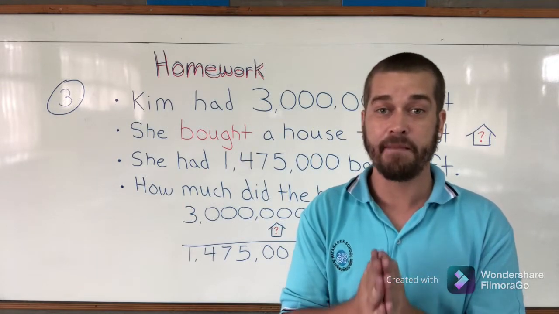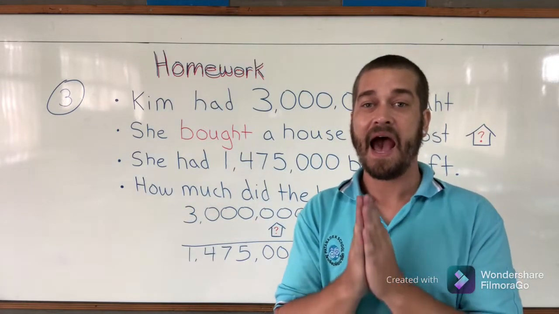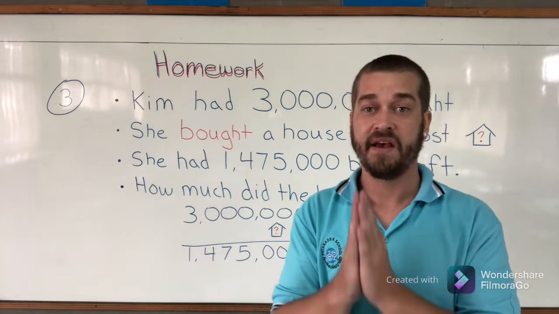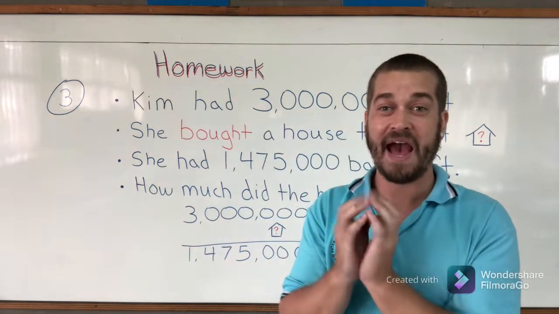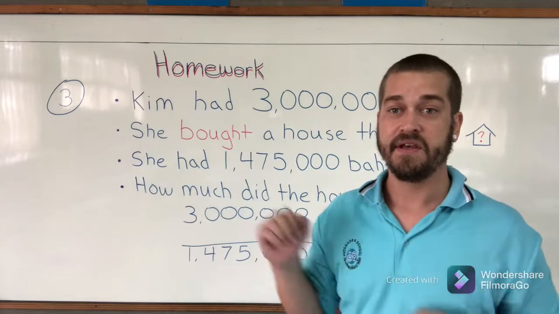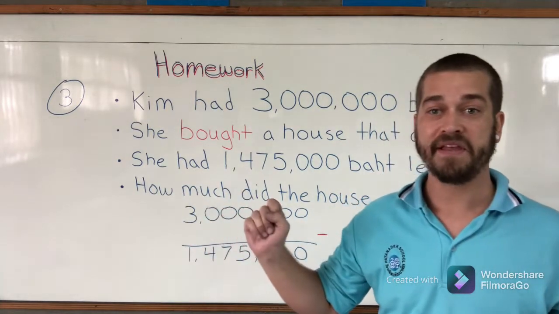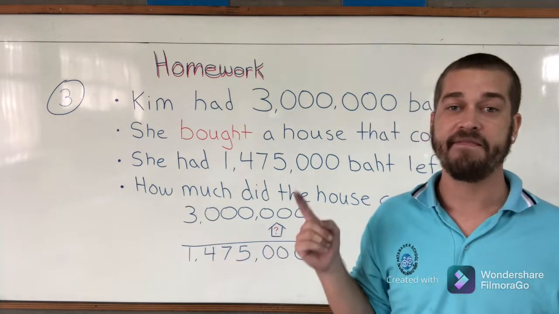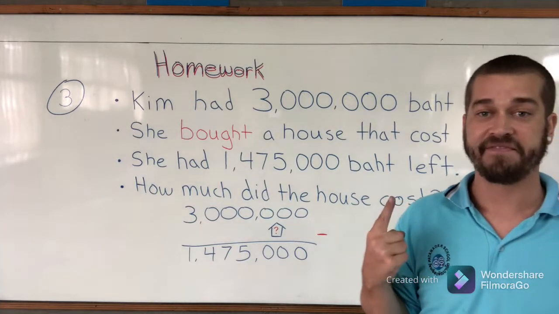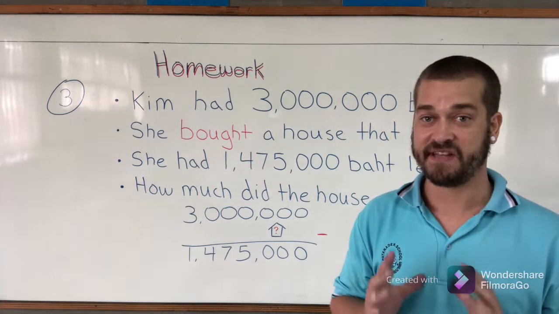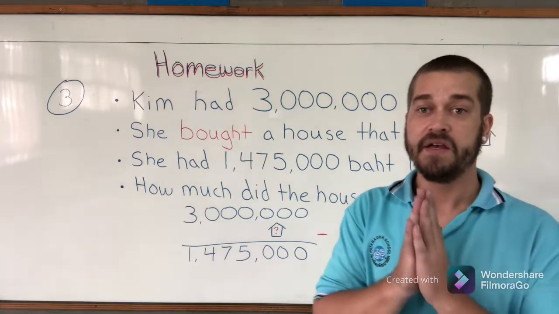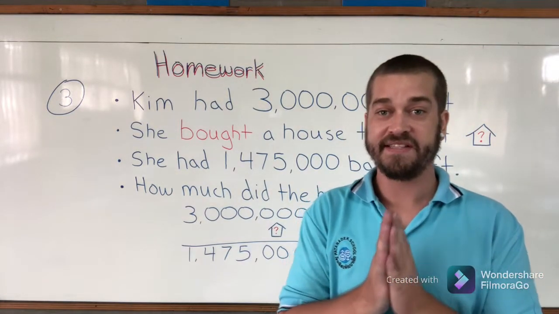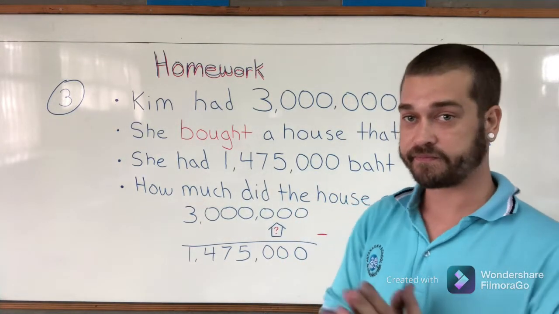And we're going to find that number because it tells us how much is left of her 3 million after she bought a house. She had 1,475,000 baht left after she purchased a house. Okay? So the question is, how much was the house?